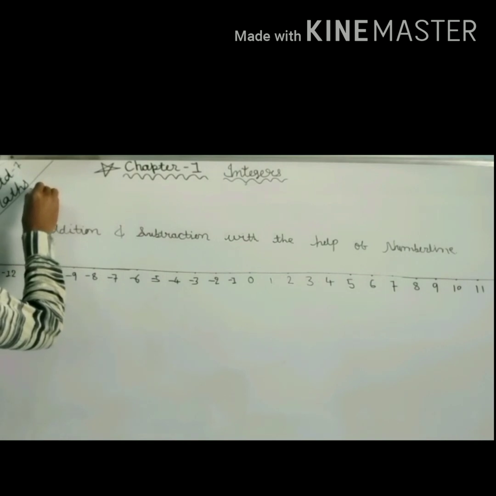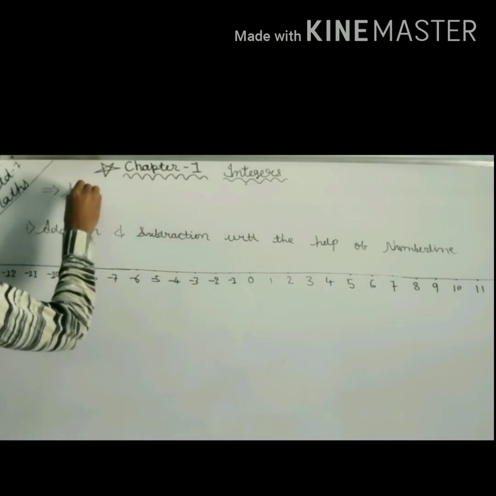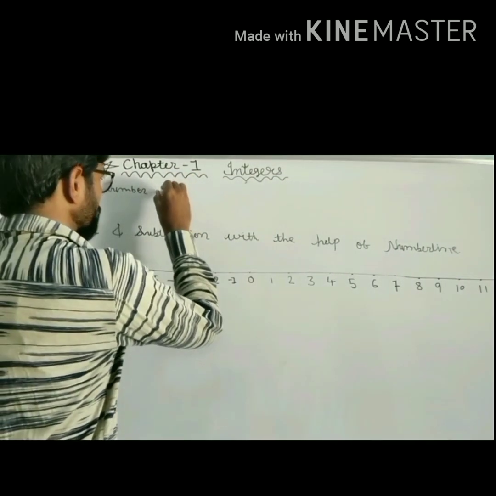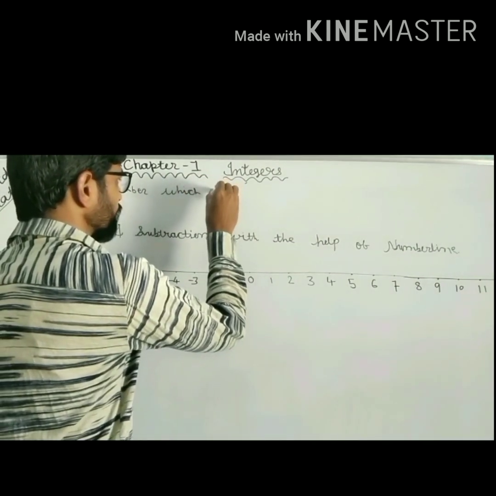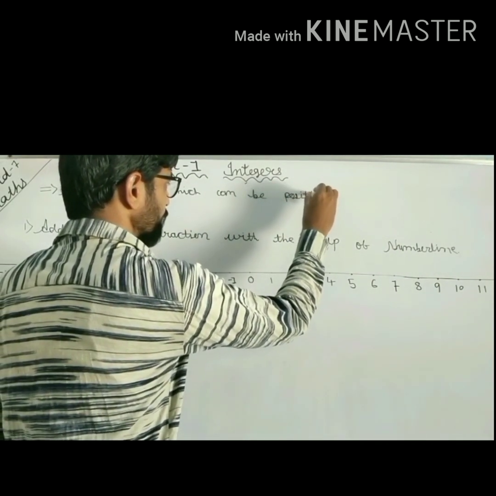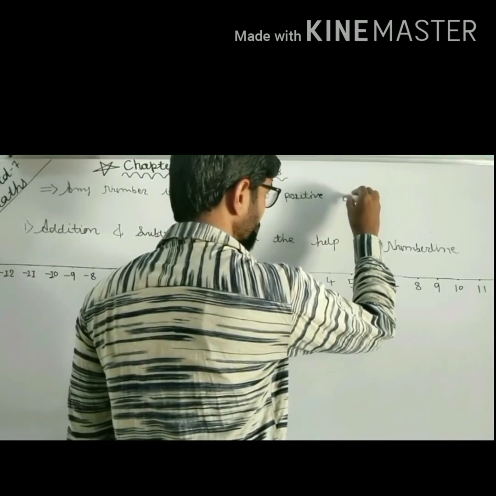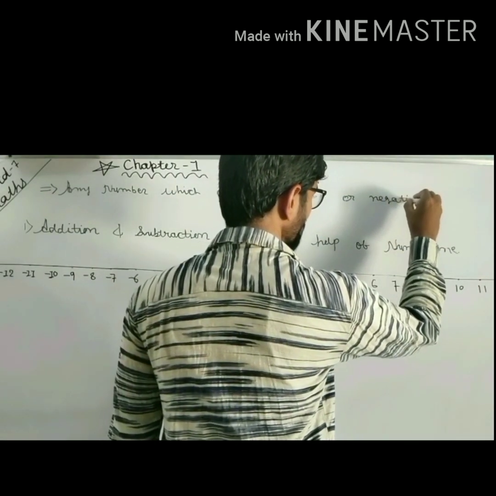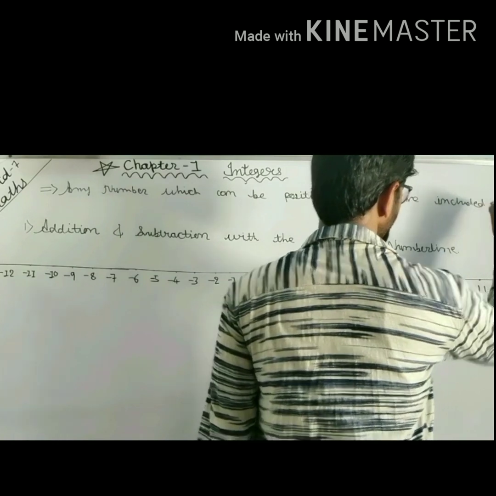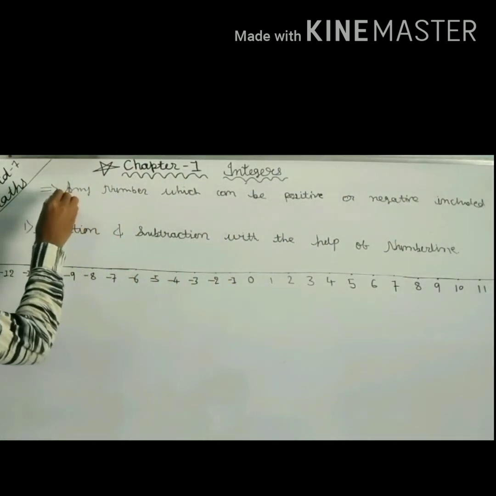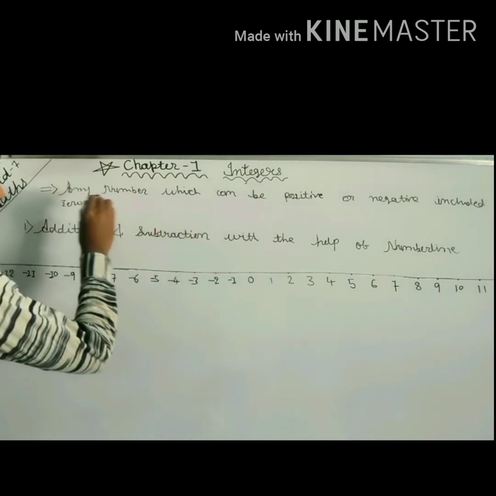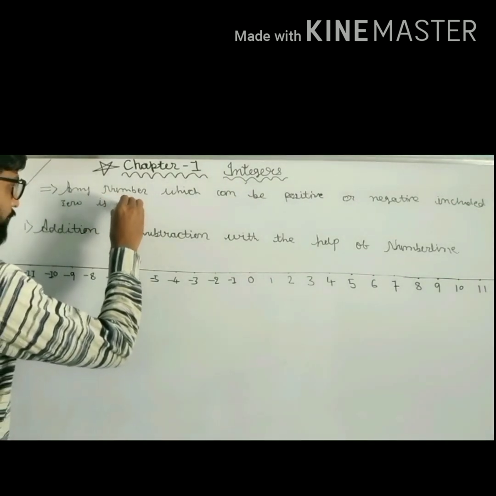So here the definition of the integer is: any number which can be positive or negative, including 0, is called an integer.